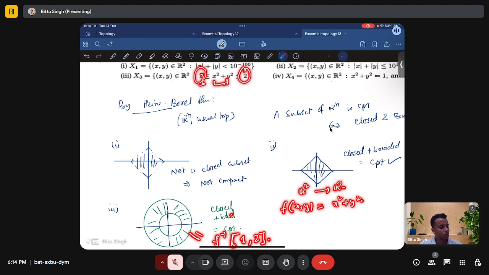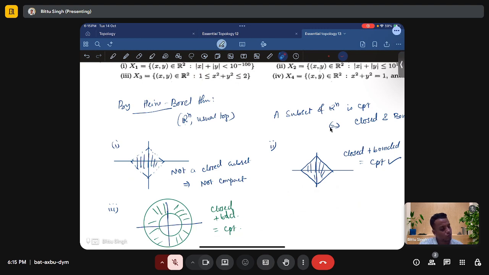This is closed in R, therefore its pre-image will be closed in R2 by continuity. This is how we can also check, using continuity, whether something is closed or open.